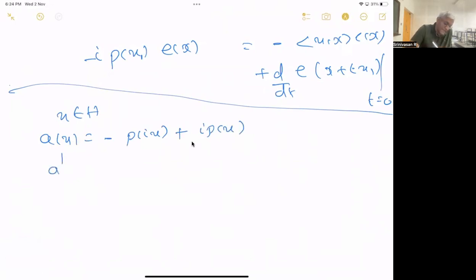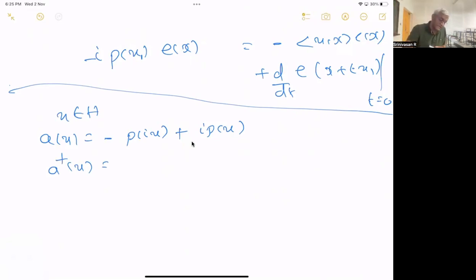Then A dagger of u is defined with the same domain. Okay, you can add all these things. See, the domain of A(u) is a sum of two unbounded operators, so that will be the intersection of the domains of those two. We still don't know the domain of P of u or P of iu. But we know that exponential vectors are in the domain, which are dense. So these operators are defined on a dense space anyway.